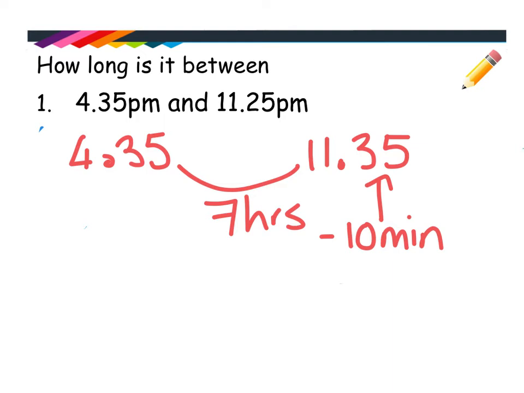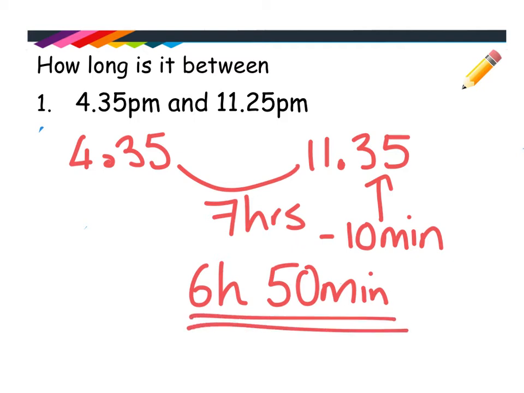So they take away 10 minutes and say the answer is 6 hours 50. Now, those pupils really struggle to show some working, but it's a perfectly valid method. Count on, say, well, the minutes are pretty similar. It's exactly 7 hours, go back 10 minutes is 6 hours 50. So that might be a way that works.